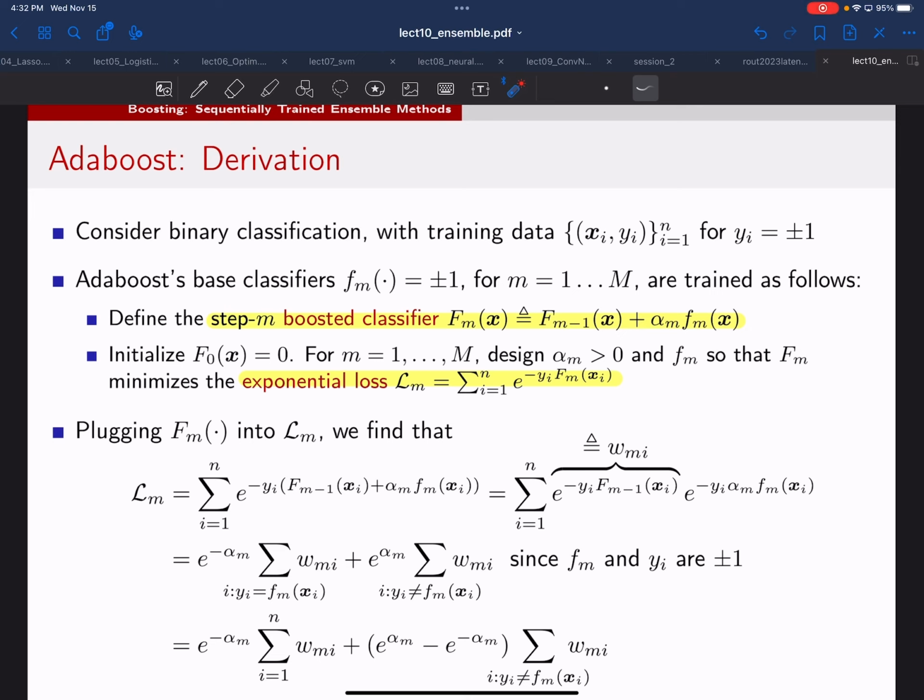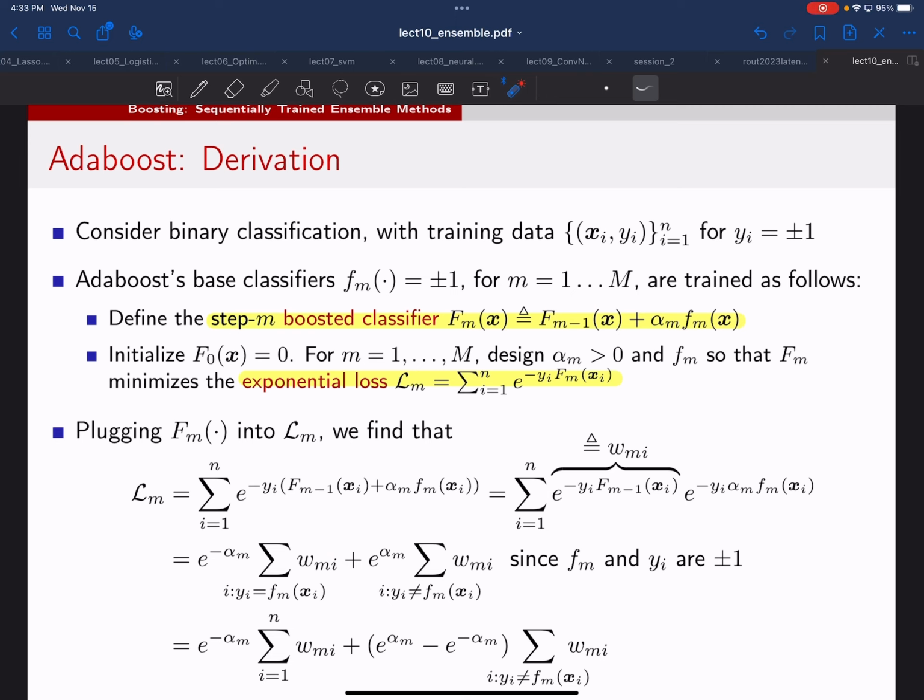Now, if we're correct, then that means that y_i times f_m(x_i) are either both positive or both negative, so their product is 1, right? And so at that point, what remains is e to the minus alpha_m. That doesn't actually depend on the index i anymore, so you can bring it out in front of the sum. And what remains is, in that case, just these weights.